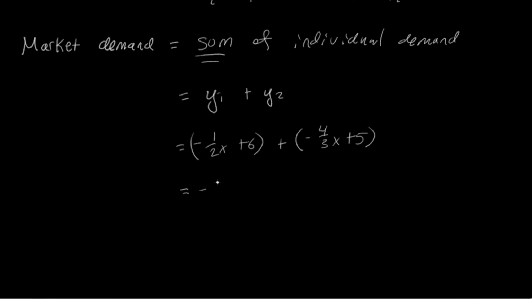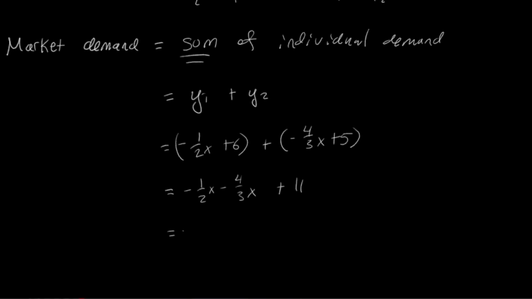So we're going to have minus 1/2 x minus 4/3 x plus 11. Then this will become negative 3 over 6 x minus 8 over 6 x plus 11.